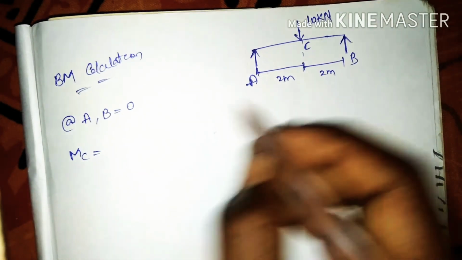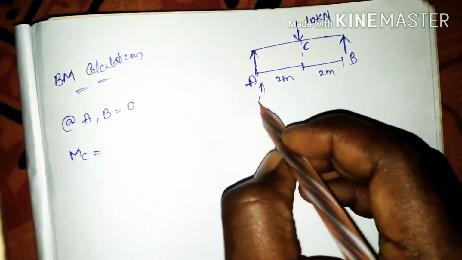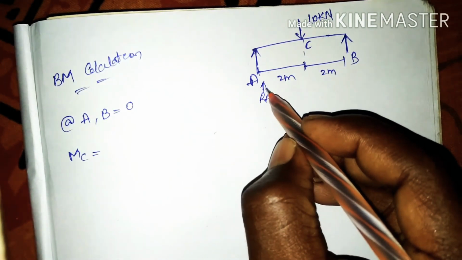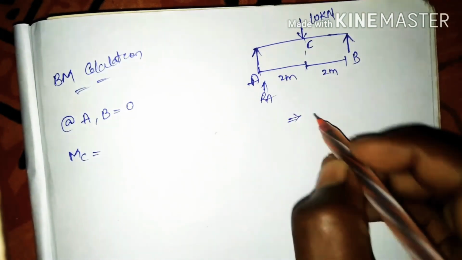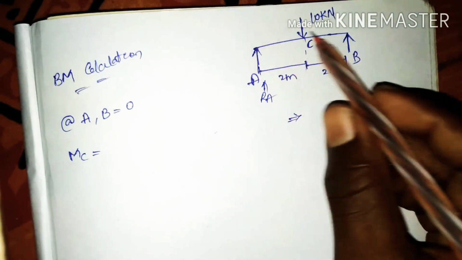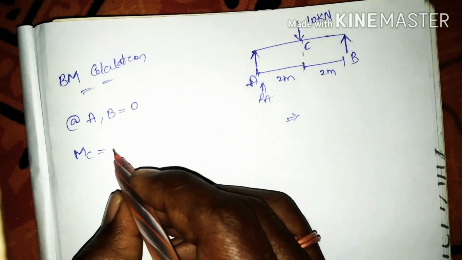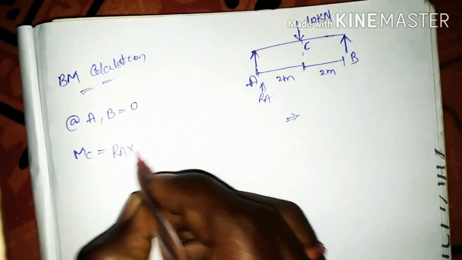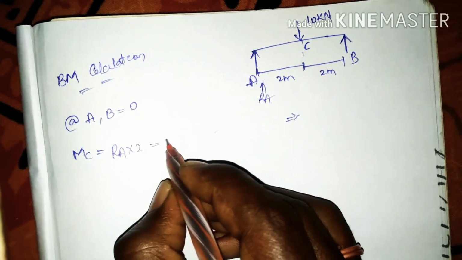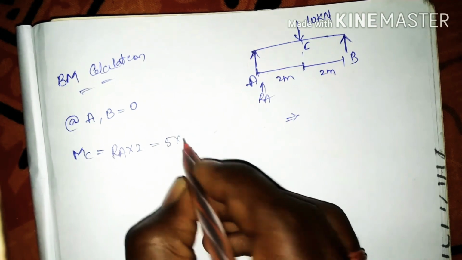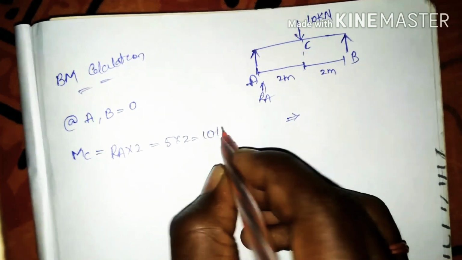Here we have RA with a perpendicular distance of 2 meters, that is RA into 2, equal to 5 into 2, 10 kilonewton-meters.